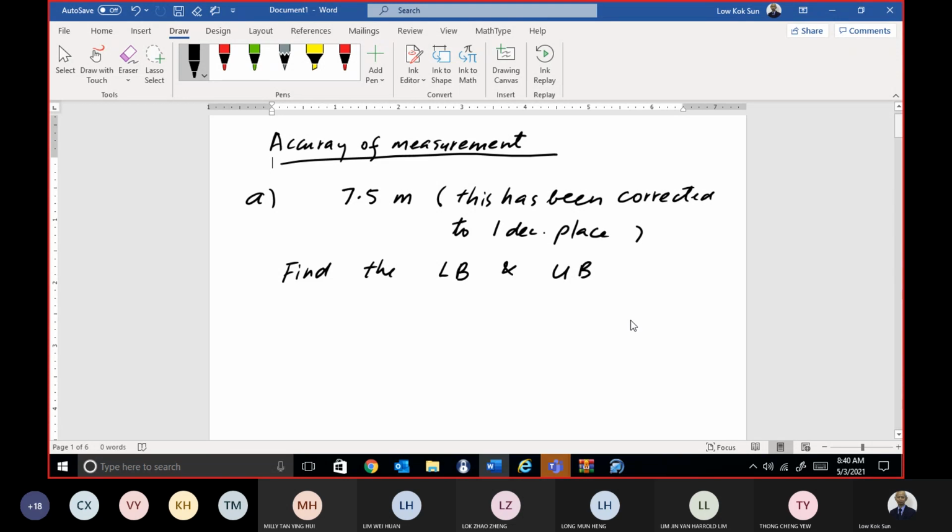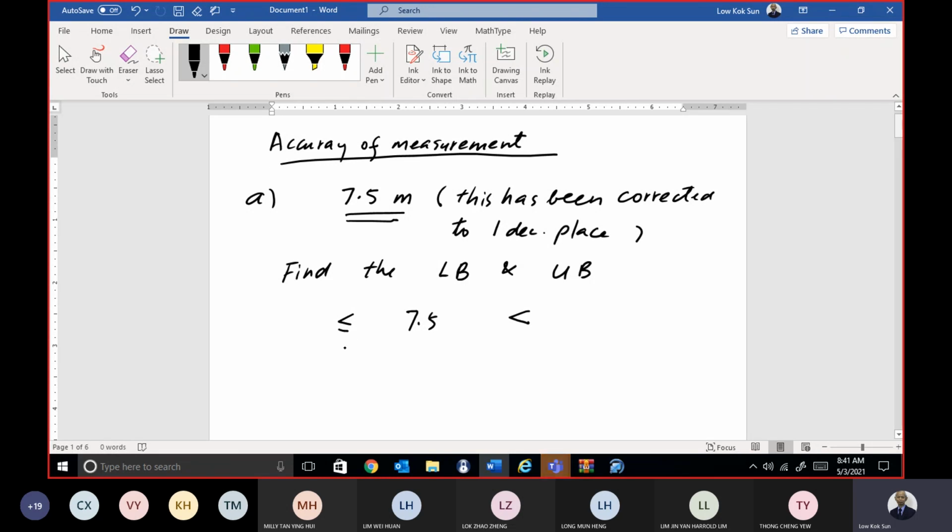So now, above, I'm going to write down this 7.5, which we see now. But before it was rounded, it had a certain higher value, and also a lower value.